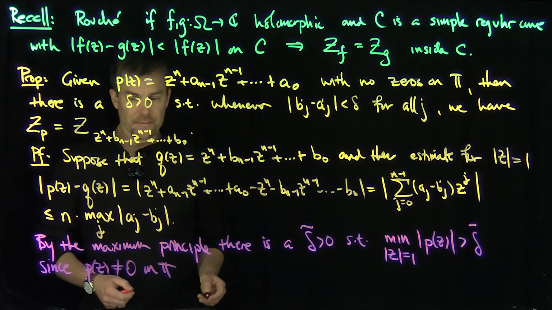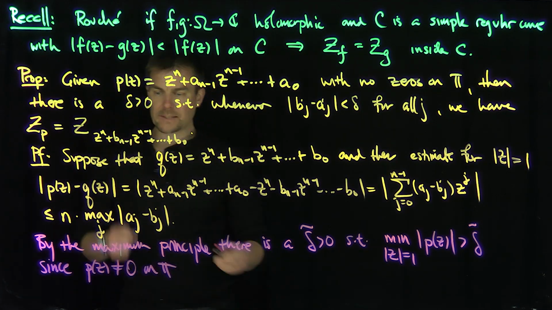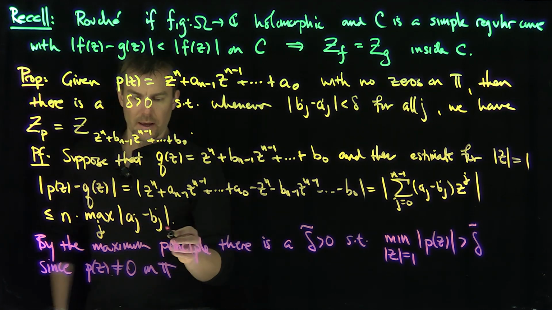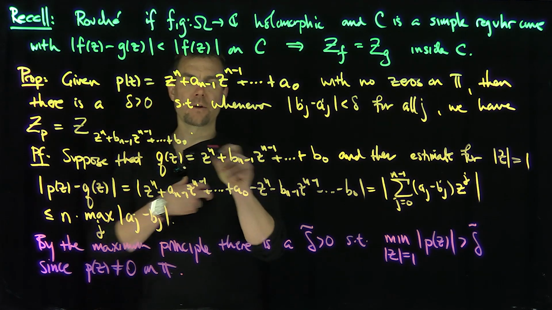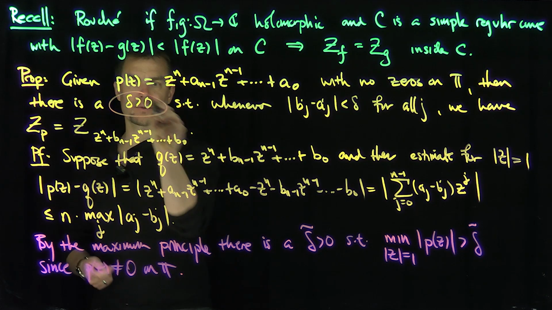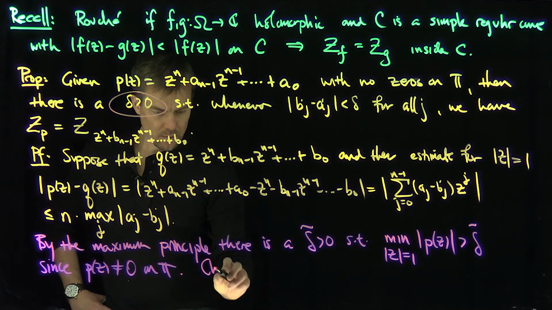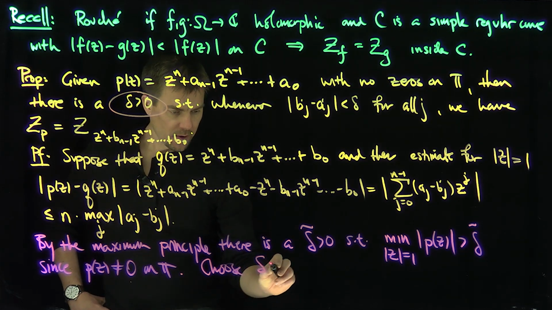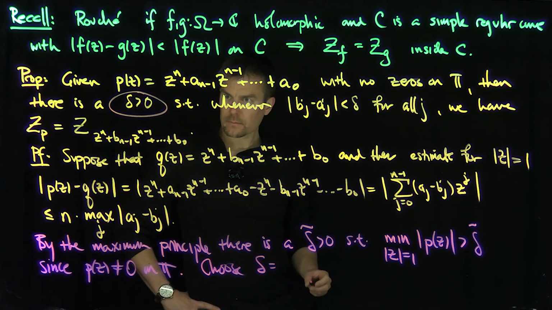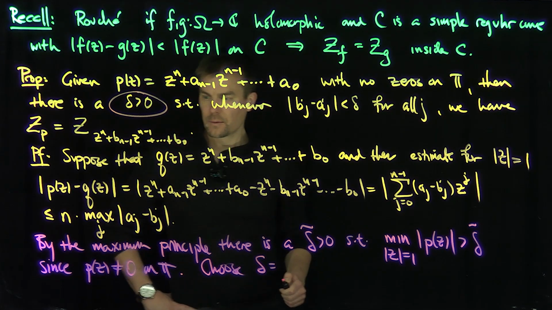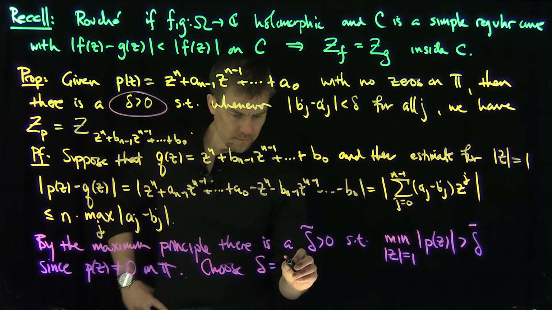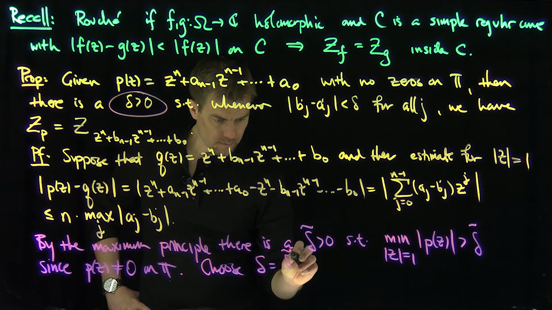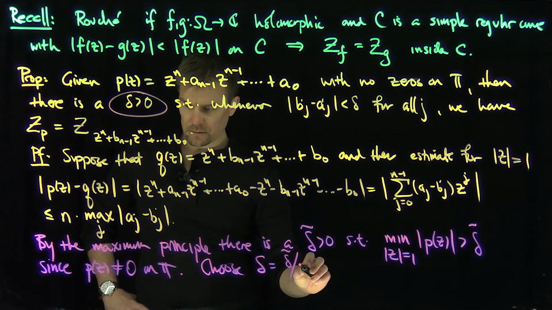So what can I say? How do I choose this delta? I need to prove this delta exists. Choose our delta to be delta tilde over n, maybe n plus 1 to make it strict.